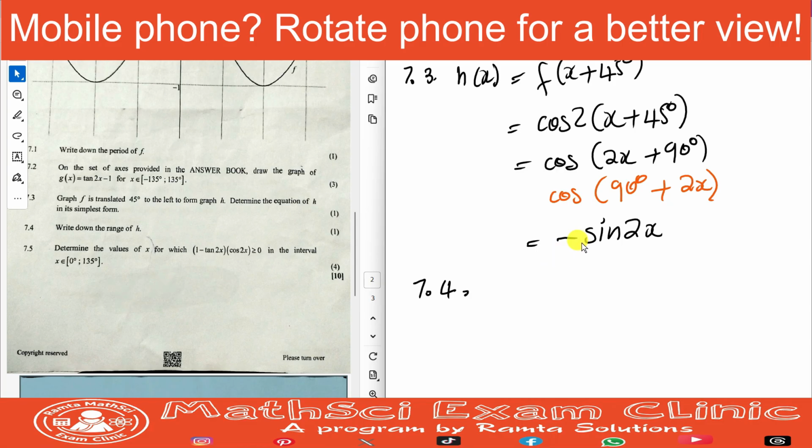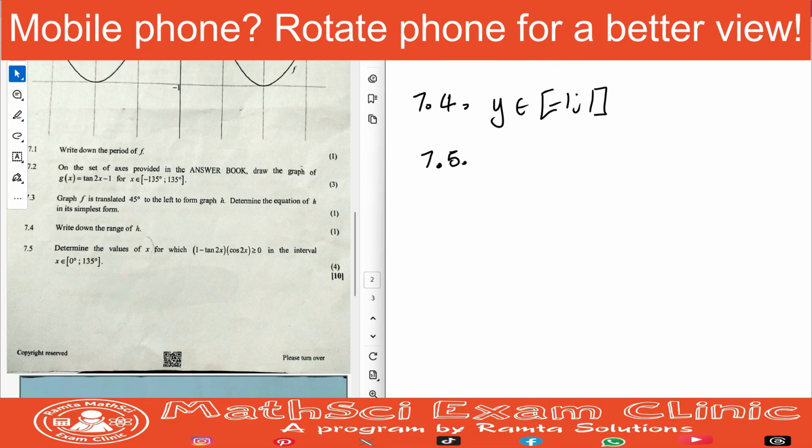H is your normal sine graph, but it's the one that's moving like this. Its coefficient is -1. So it means minimum is -1, maximum is 1. So the range you will say y is an element of -1 included to +1 included. As simple as that.